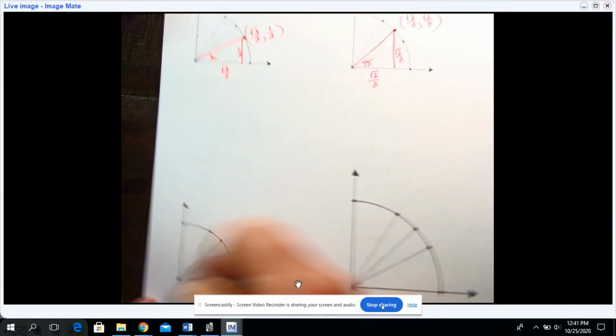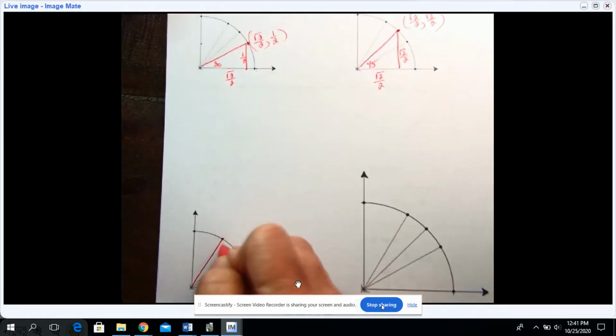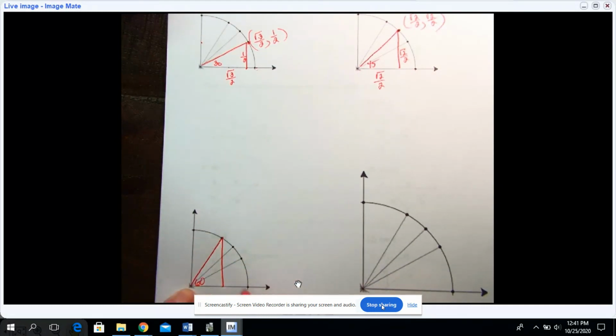And then if you go 60 degrees, this is going over half, halfway between 0 and 1, so this section right here is a half, and this section right here is square root of 3 over 2.